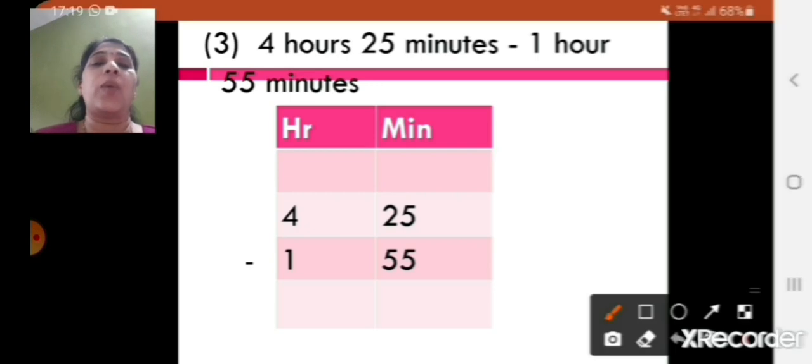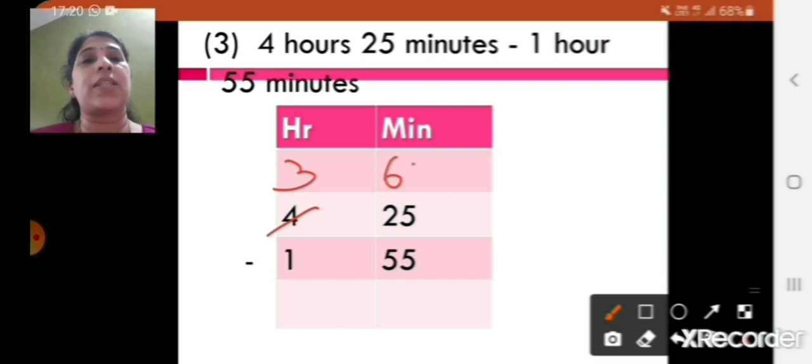Now again 25 minus 55. 25 is a smaller number, so you cannot subtract 55 from 25. So we are going to borrow 1 hour. When you borrow 1 hour, 4 minus 1 becomes 3. Now 1 hour is equal to 60 minutes.